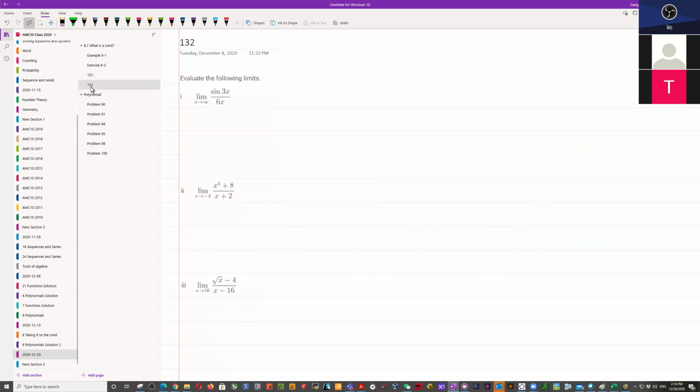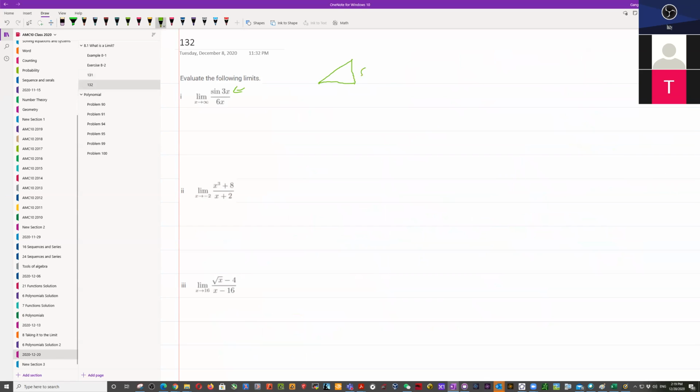So then this one is also relatively easy. It looks like a variable, but possibly you haven't learned about sine. Sine is basically a trigonometry function.